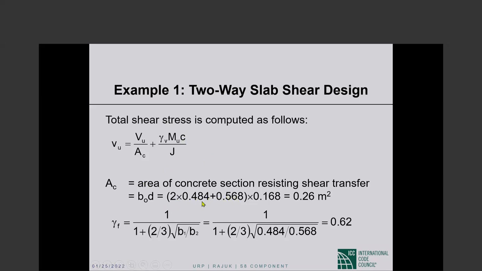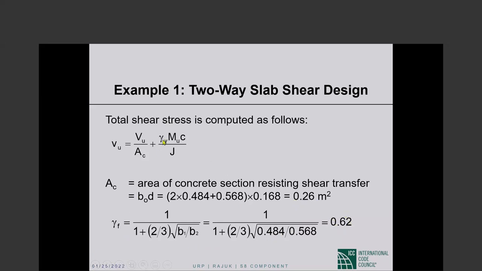So the three faces together have a perimeter equal to that, multiplied by the thickness of the slab gives us A sub C of 0.26 square meters. Okay. Gamma sub F for our B sub 1 and B sub 2 is 0.62. 62% is transferred by flexure.